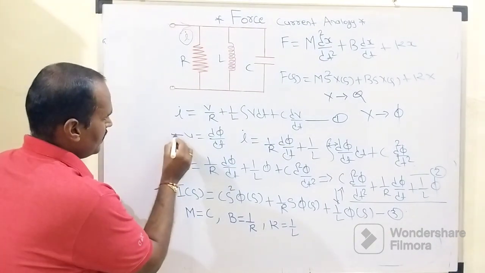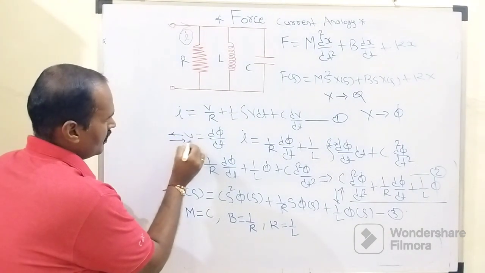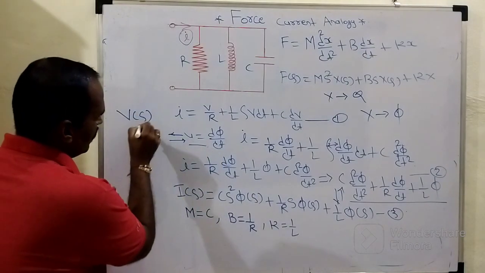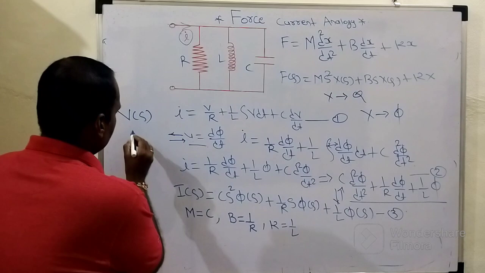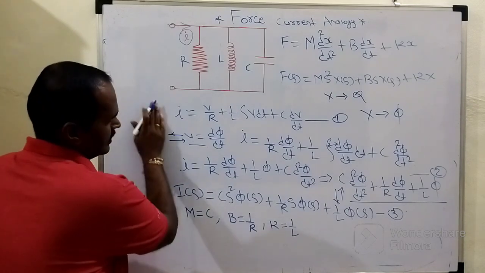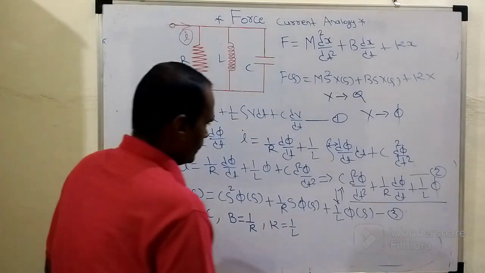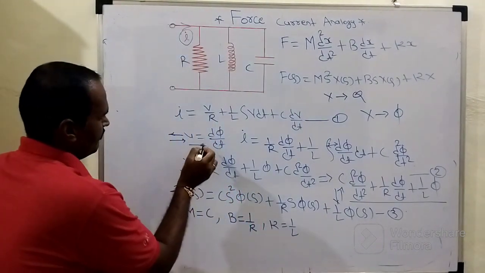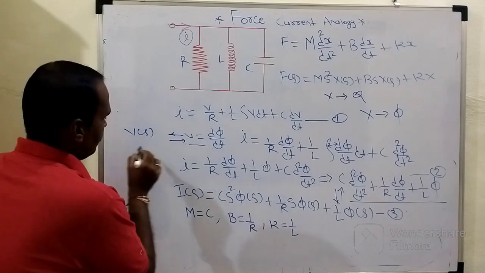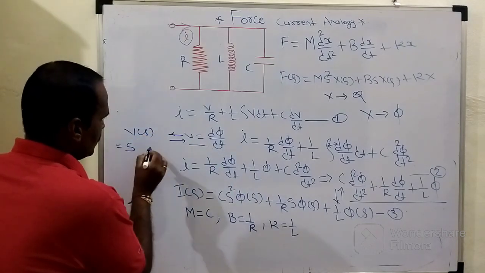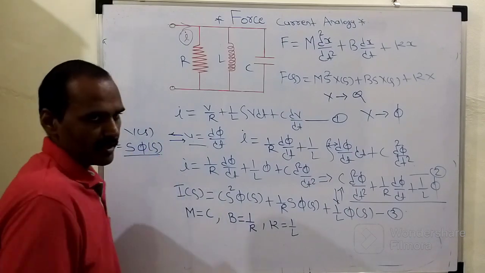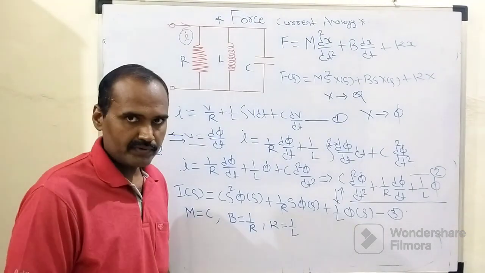When we apply the Laplace transform to this statement, we will come to know V(s) equals, as we have the first order differentiation, V(s) equals s times Φ(s), right?